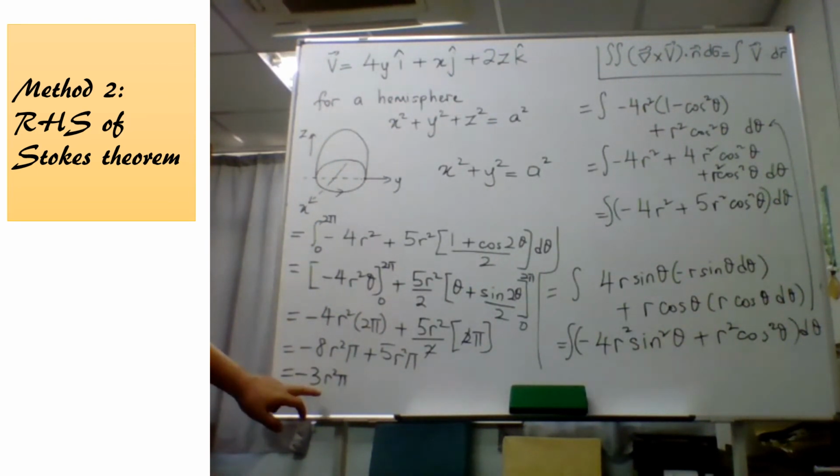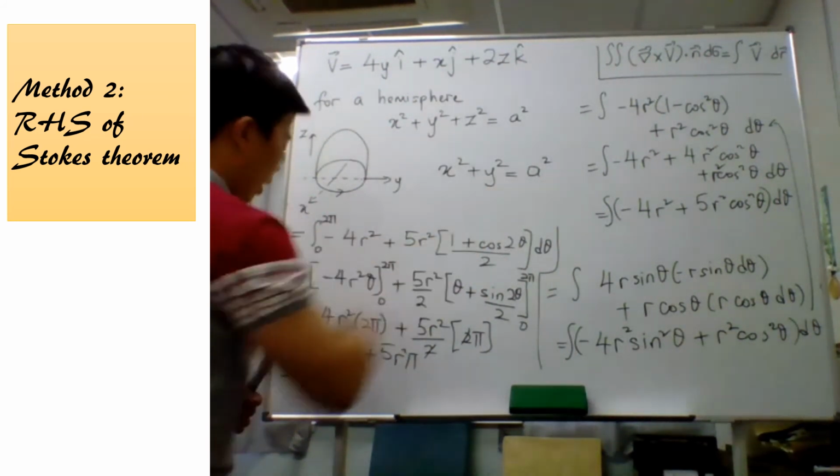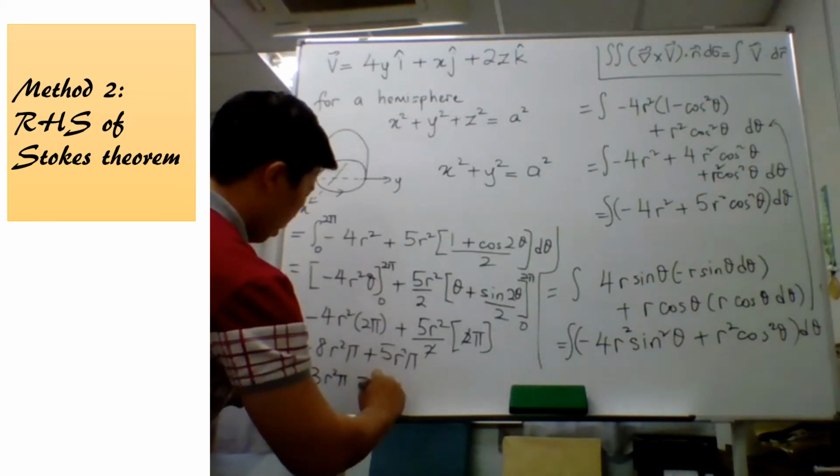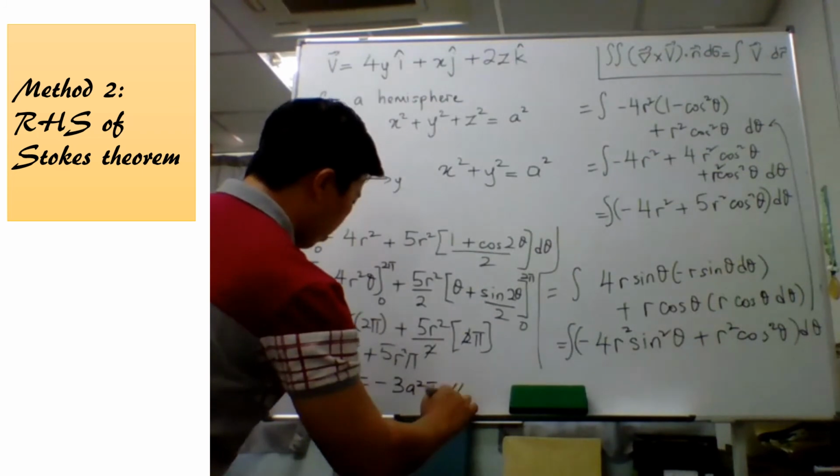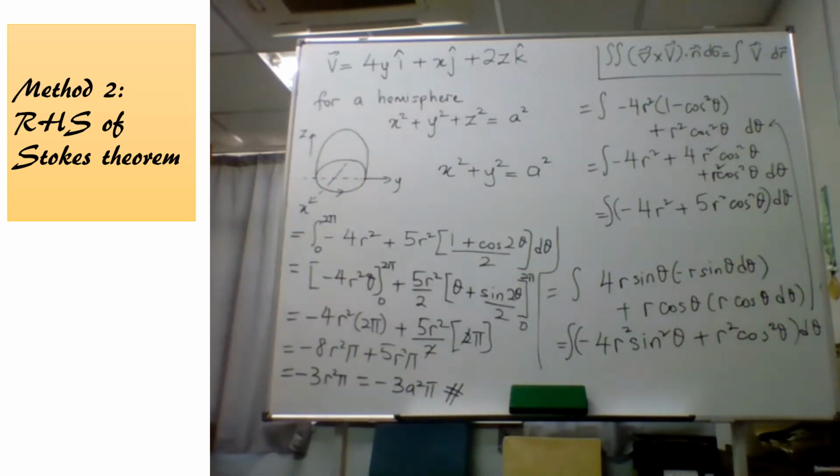Here r is basically the radius of the circle, so in this case r is basically a, so you will have minus 3a squared pi. So you get the same answer that you had from the first method, but in a more elaborate manner.